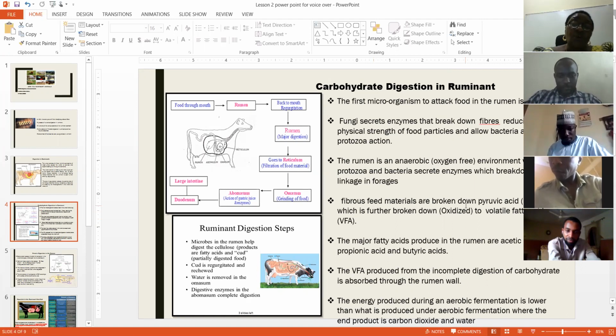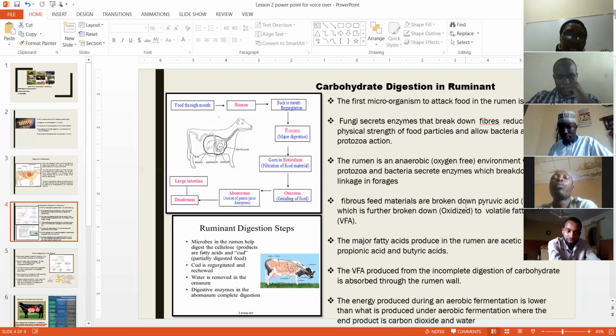So this gives us a second function of the rumen. It is not only a fermentation vat, but it is also an absorption area where nutrients that are digested are being absorbed. And this end product of carbohydrate digestion in ruminants is the volatile fatty acids. In terms of energy utilization, the VFAs give less energy than the total digestion in monogastric animals.